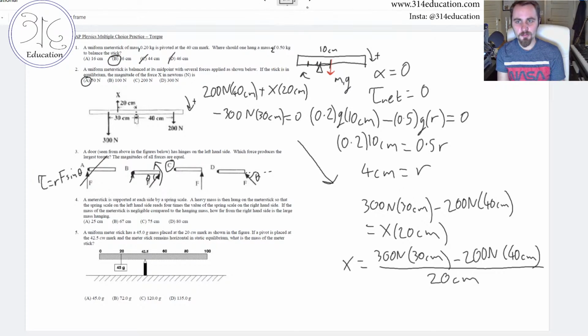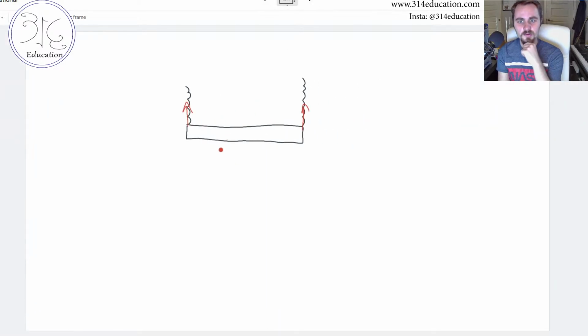So let's see. We want to take this as the force up this way. This is still going to reach an equilibrium, right? And so we know there's going to be a force down here. We expect it to be on this side of our axis of rotation. If this x is going to be our axis of rotation, this is where we're hanging the mass.